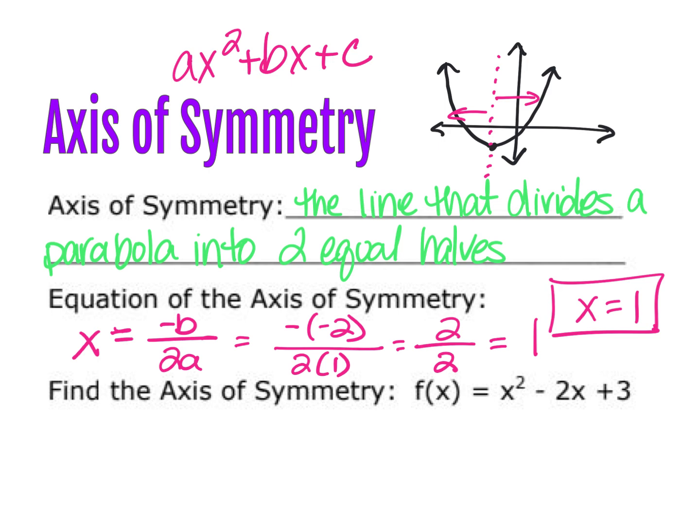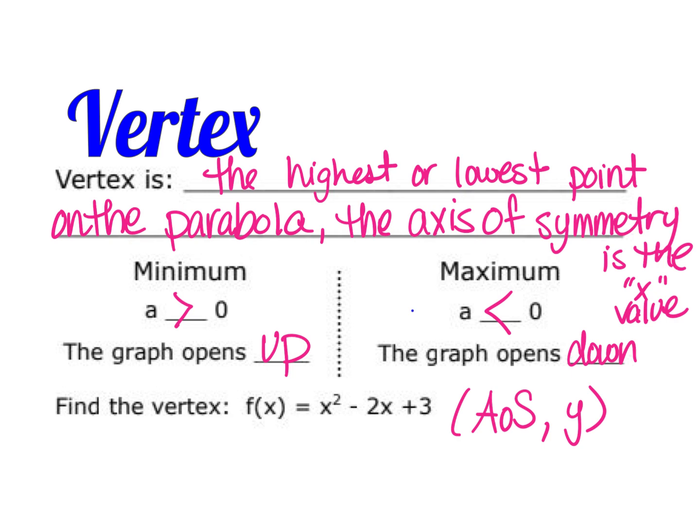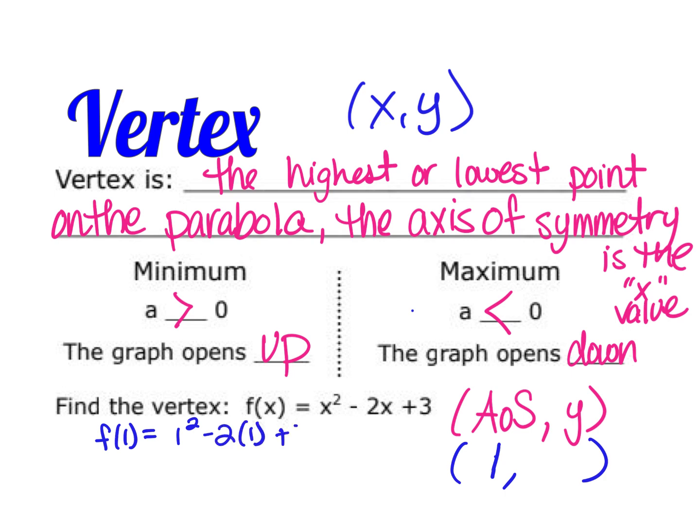Now go back to the vertex. The axis of symmetry is the x value, and we found it is 1. That means the x value of the coordinate is 1 for the vertex, because remember, a vertex is always going to be x, y. So we substitute a 1 for x. We have f of 1 equals 1 squared minus 2 times 1 plus 3.